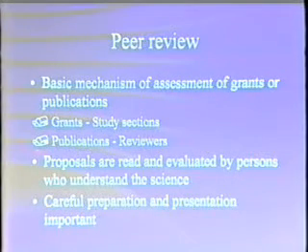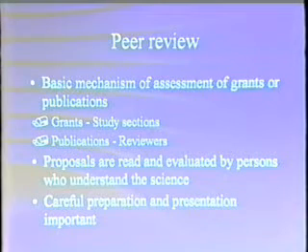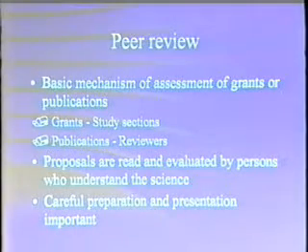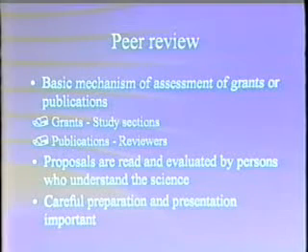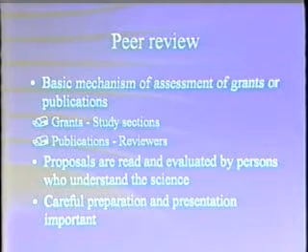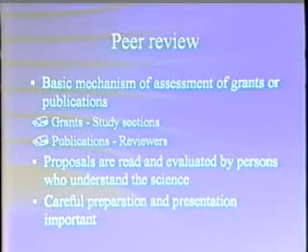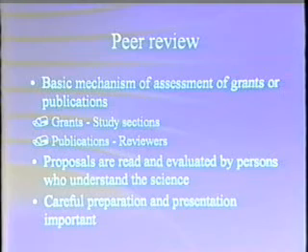Publications work by having reviewers who are not affiliated with the publication voluntarily reviewing the manuscript that is submitted to them and critiquing it, and the critiques are offered back to the authors in order to improve the paper if possible, or to reject the paper if the reviewers don't think that the paper has enough scientific merit.